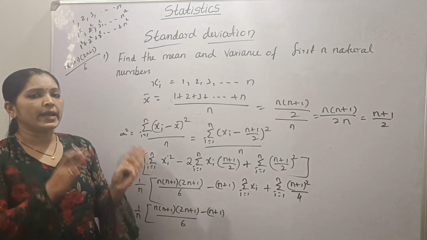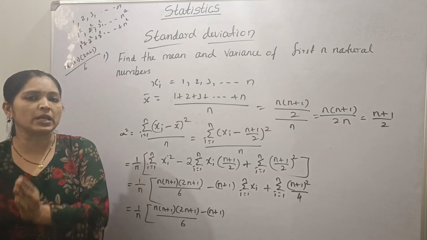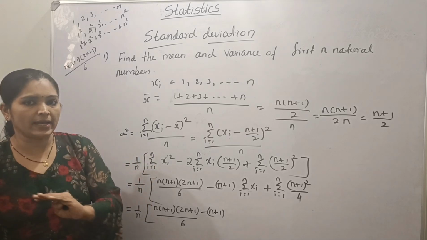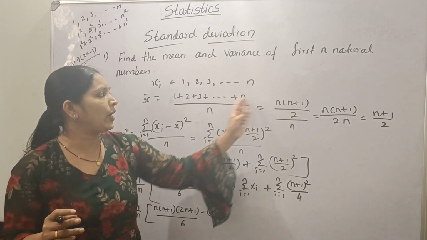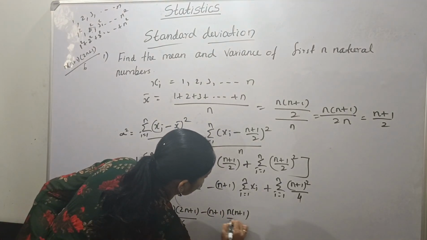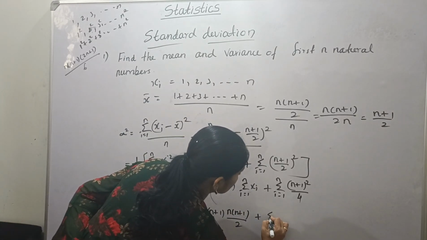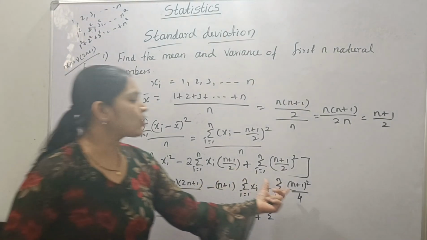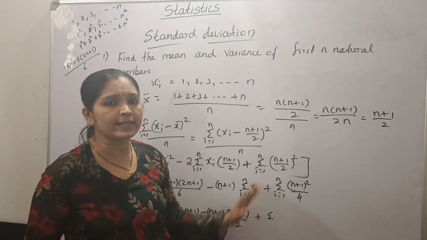That is nothing but, the xi's are 1, 2, 3, etc. n, so the sum 1 plus 2 plus 3 plus 4 plus etc. plus n, its sum is nothing but n into n plus 1 by 2. See, we have written here, that is n into n plus 1 by 2, plus here also the sum. See here, it's a constant. n plus 1 whole square by 4 is a constant.